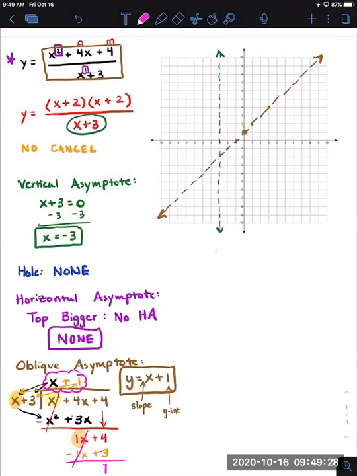Step number 7 is to find the x-intercepts. I'm going to use the factored form because we're setting the top equal to 0. So x plus 2 times x plus 2 equals 0. Remember, if there's two things, you want to break them up and set each equal to 0.